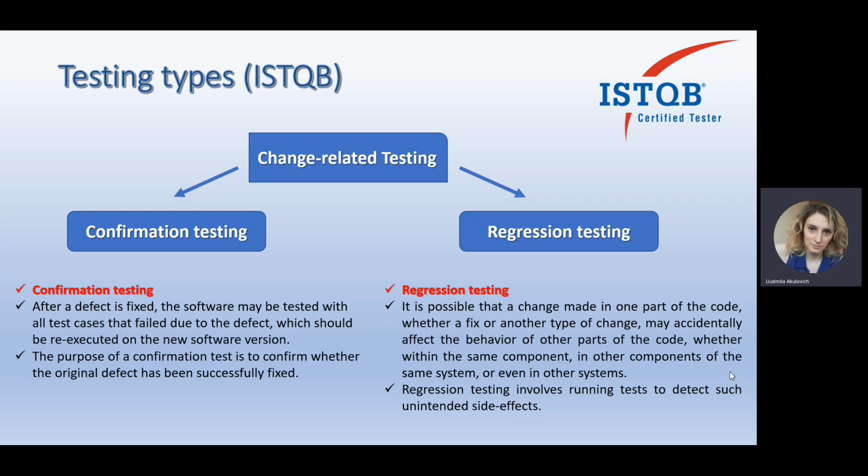But if we are talking about regression testing and a new module or new component was implemented, you should check not only this component, but the area around it: new connections, new integration, something that can be involved, something that can have side effects.